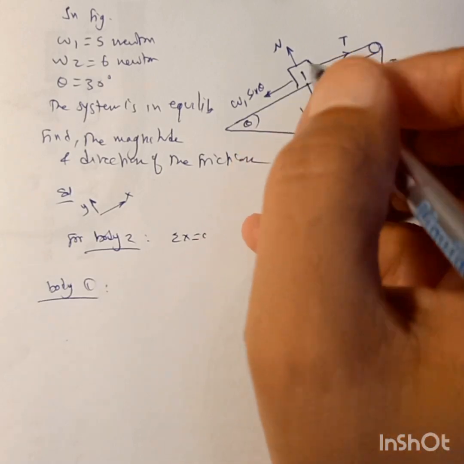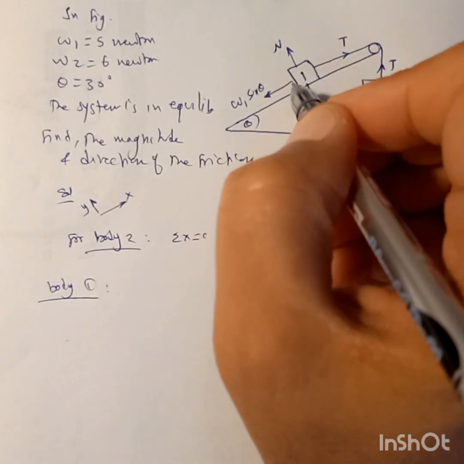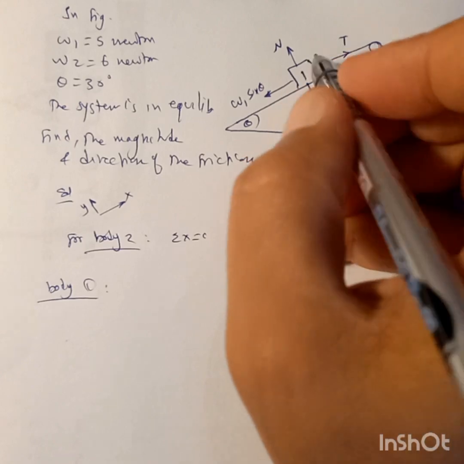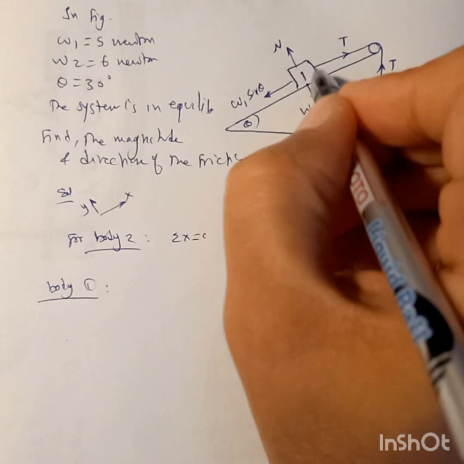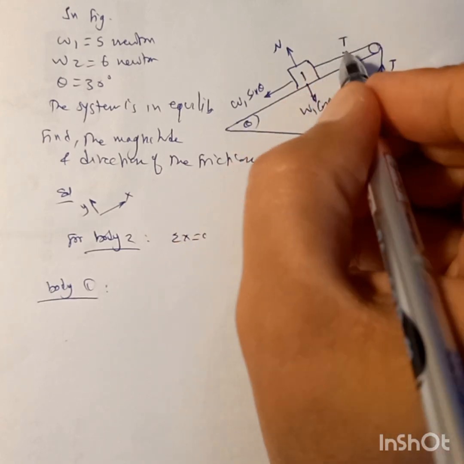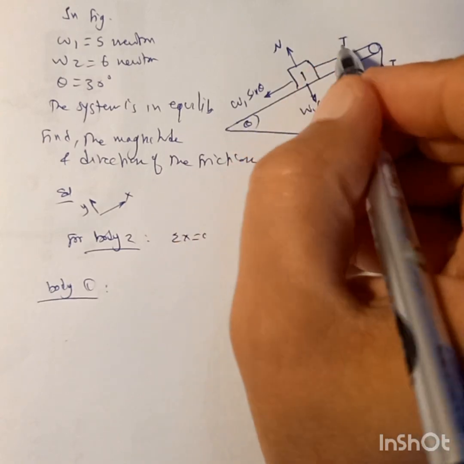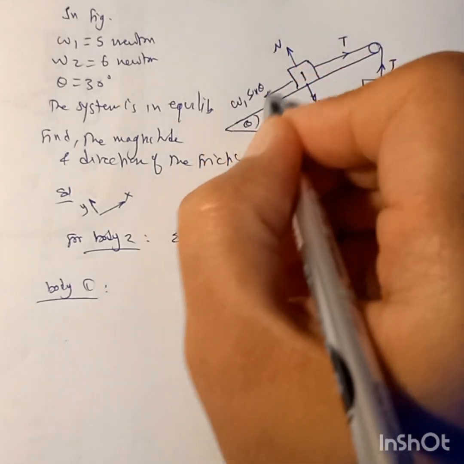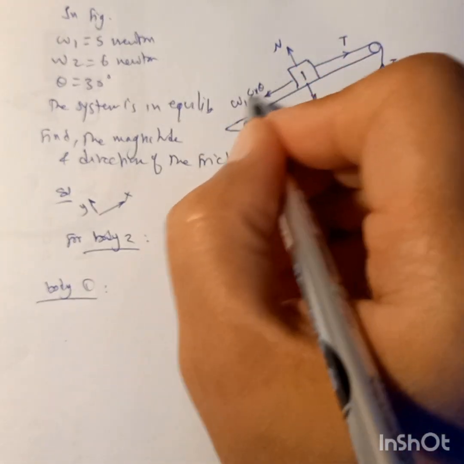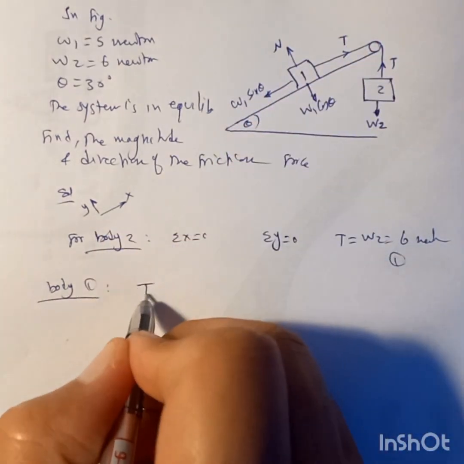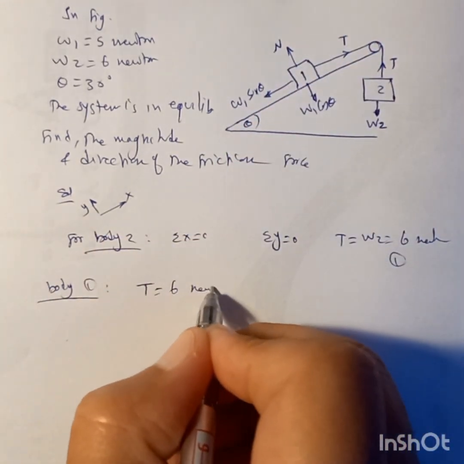To find the friction force, we need to find the expected motion direction. For this body placed on this rough inclined plane, we compare the magnitude of the forces acting upward along the plane to the magnitude of the forces acting downwards along the plane. Then we have T equals 6 Newton. This is number 1.